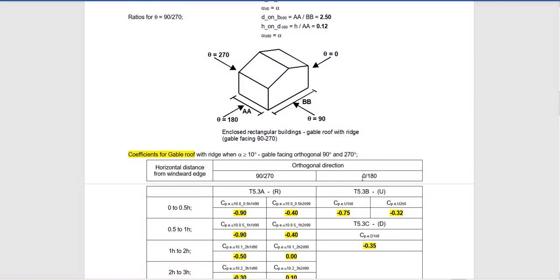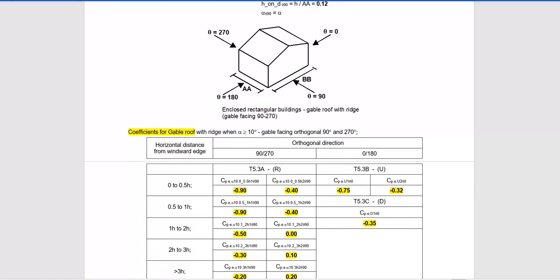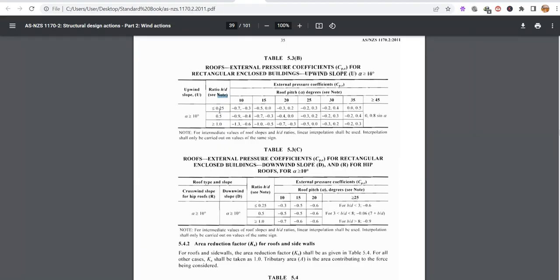My degree is 0 and 180, h on d is 0.31. So 0.31, go to the code, h on d is between 0.25 and 0.5. And my roof pitch is 10 degrees.